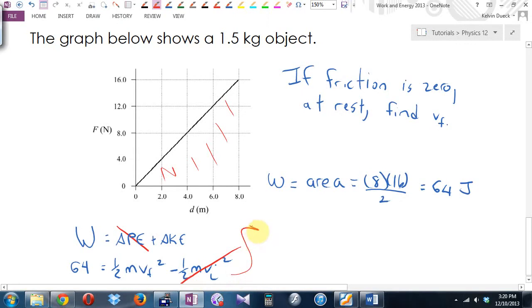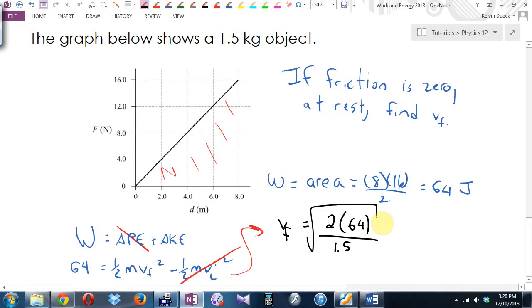V final is going to be the square root of 2 times 64 divided by 1.5. Is that right? Times by 2, divide by the mass. Oh, and then square root.